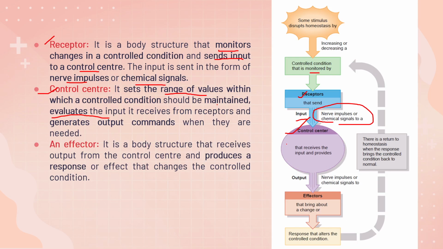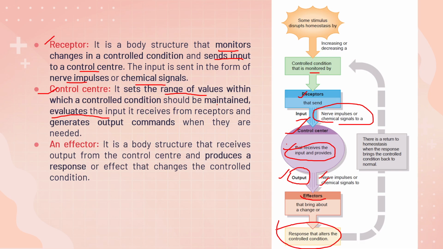It is a body structure that receives output from the control center and produces a response or effect that changes the controlled condition. So the output signal comes to the effector, and the effector will give the response that alters the controlled condition. Now the temperature will come to normal. This is the feedback system.